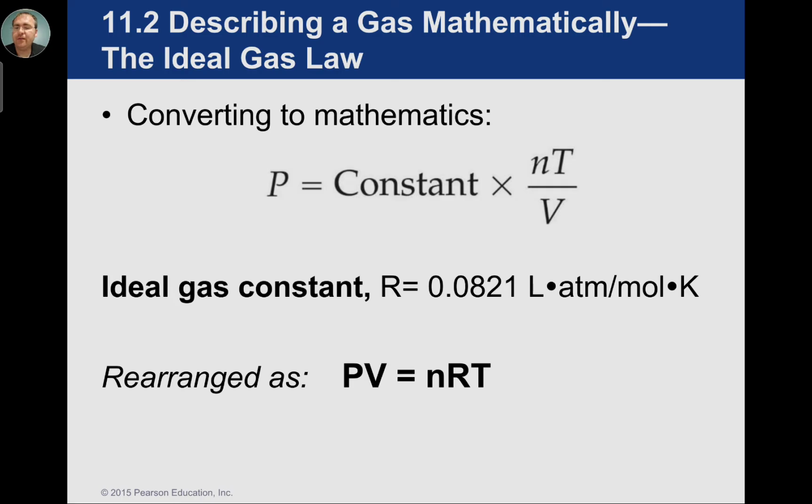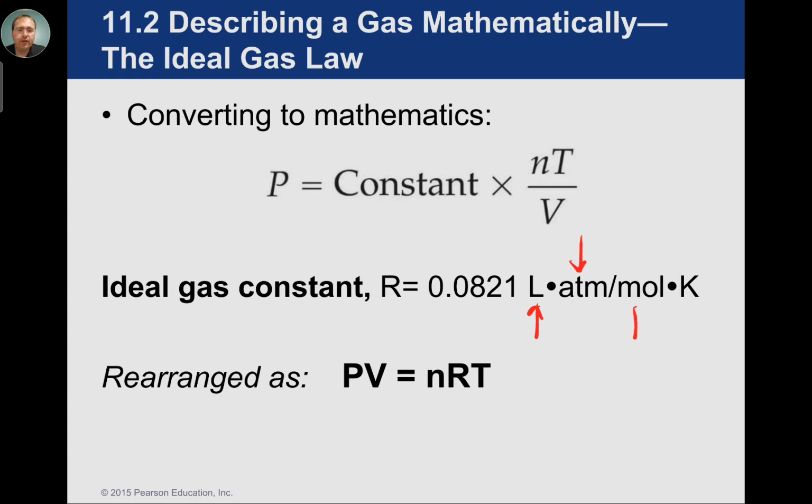This ideal gas constant is a number that we can use for any gas-related question, and it'll help us cancel units. Probably the most important feature of R, though, is the units it has. If our problem doesn't have liters, you have to convert. If our pressure is in millimeters of mercury or PSI or something weird, we'd have to convert it to atmospheres before we use this equation.